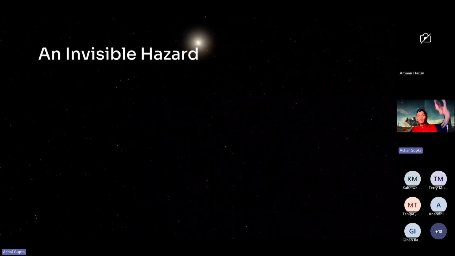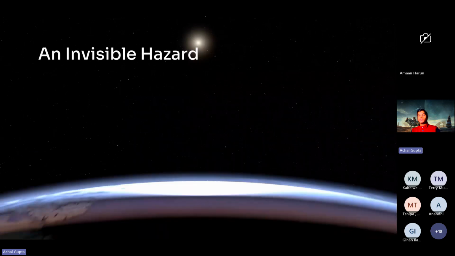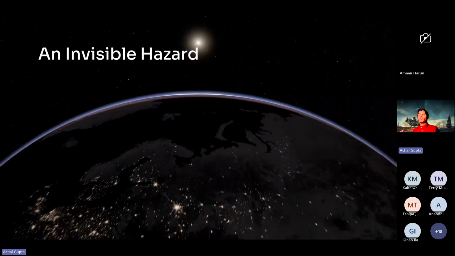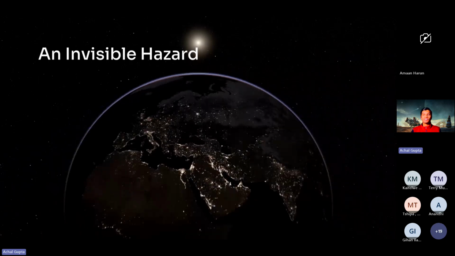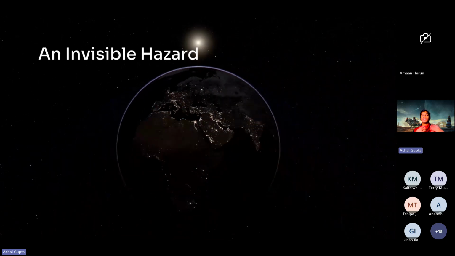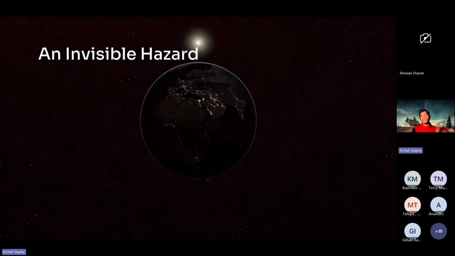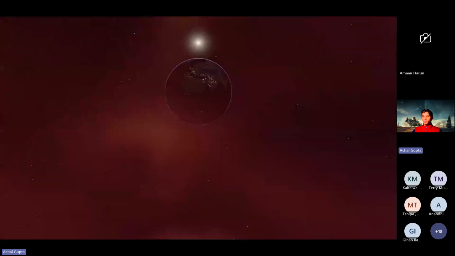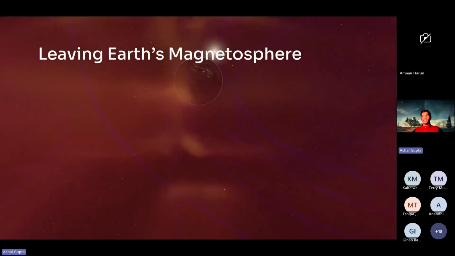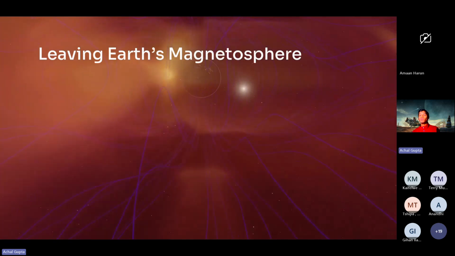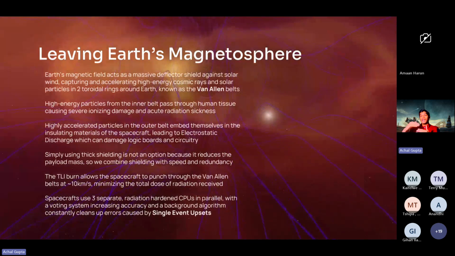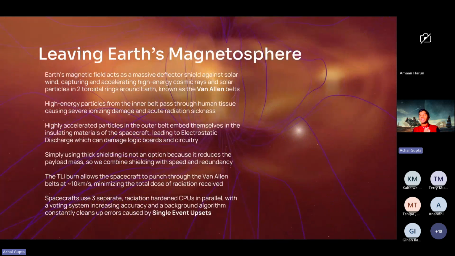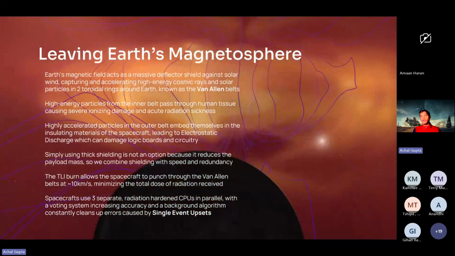Now that we've performed our TLI burn, we're slowly moving away from the Earth. And as we move away from the Earth, we have another hazard to worry about. And obviously, that hazard is the fact that we're leaving Earth's magnetosphere. So once we're leaving Earth's magnetosphere, we'll be exposed to all forms of solar radiation and cosmic radiation. But what's more dangerous is the part where we actually leave it, because the boundary stores a lot of high energy particles.